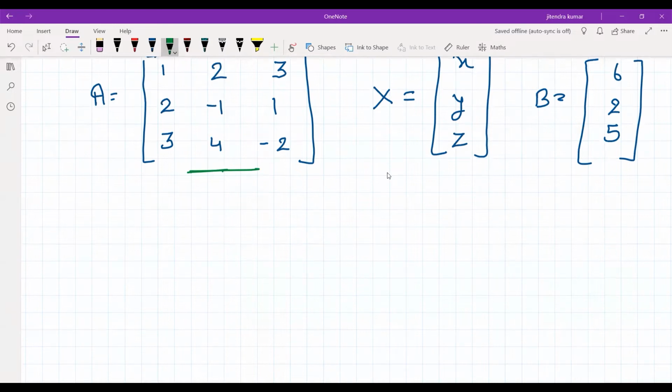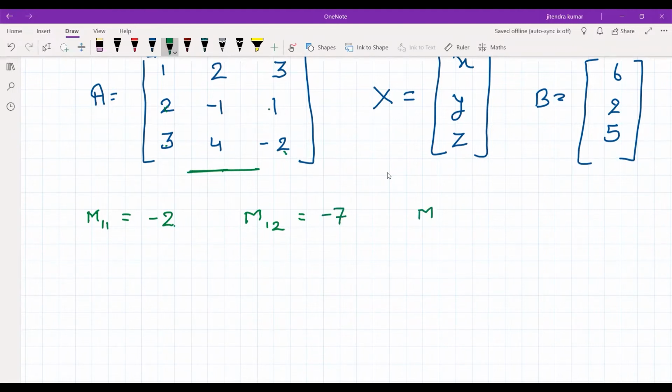In this case, we have to first find M11. M11 will be equal to (-1)(-2) - 4, which is 2 - 4, giving us -2. This is M11. M12 will be 2 into -2, that will give us -4, and minus 3. -4 - 3 gives us -7.